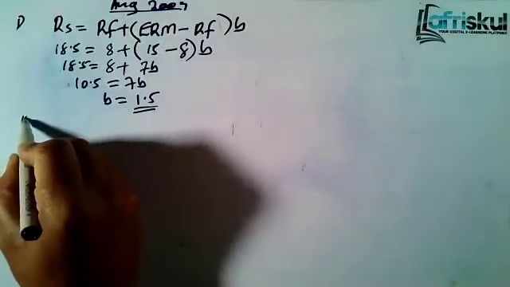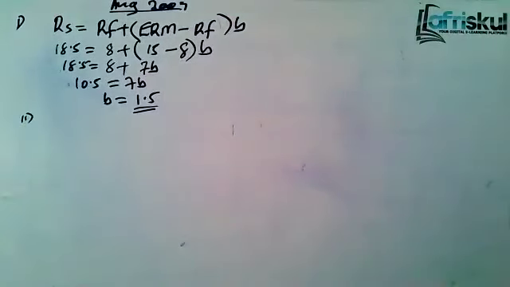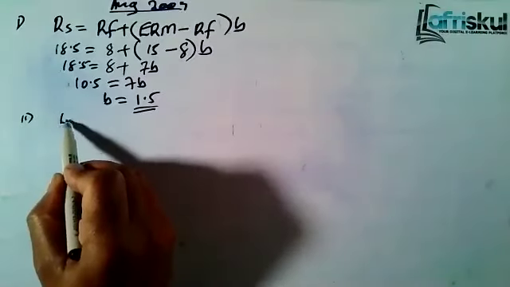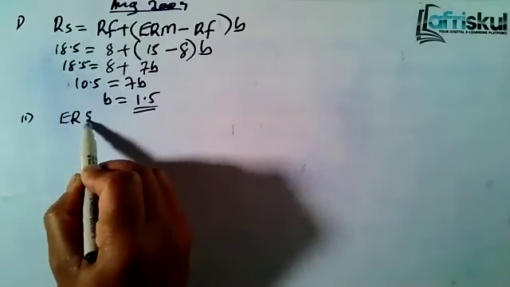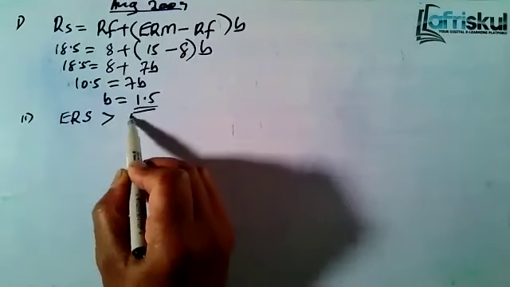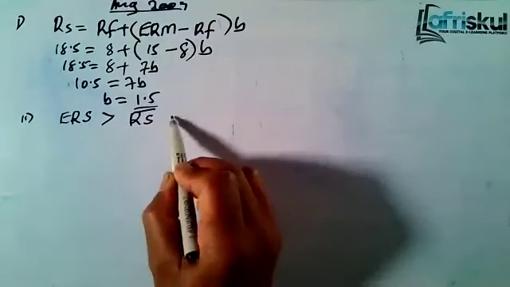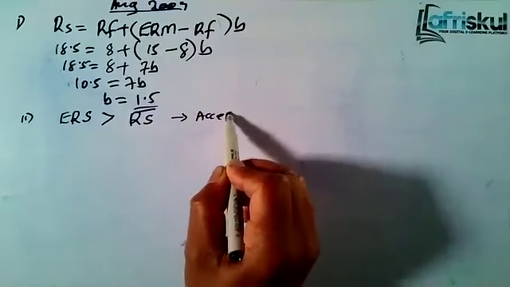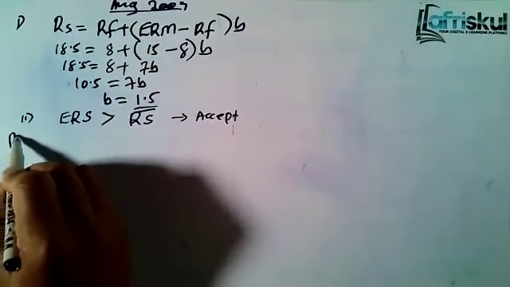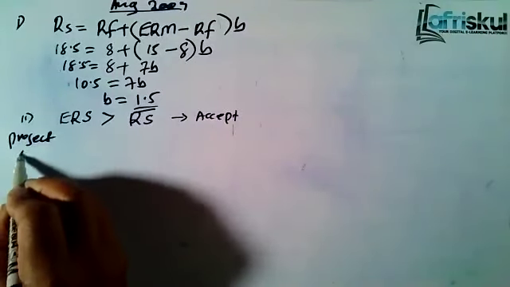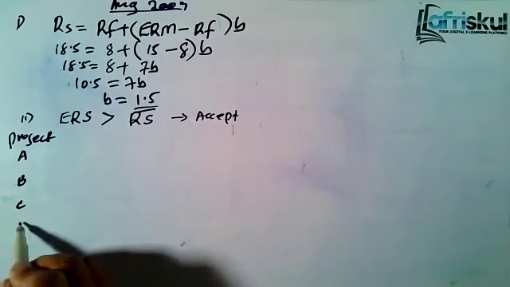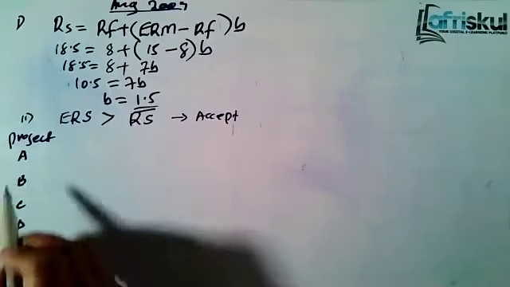How do we get that? We are doing part 2. We only accept the project if the expected return of the security is greater than the return of the security. That's when we accept. So you bring the projects here: project A, B, C, D, and E.